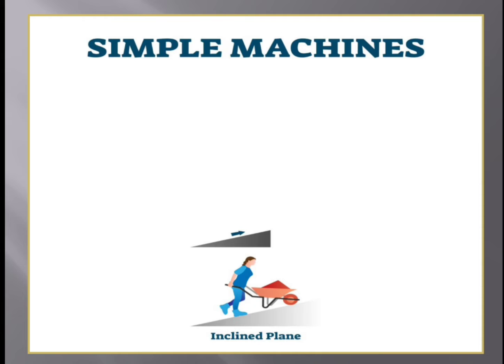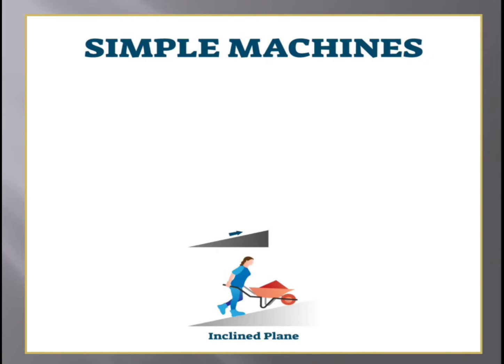It also helps us to bring a heavy object from a height to the ground easily. That means if you make an inclined plane, then you can put the heavy object on it, and by itself it can come down easily.